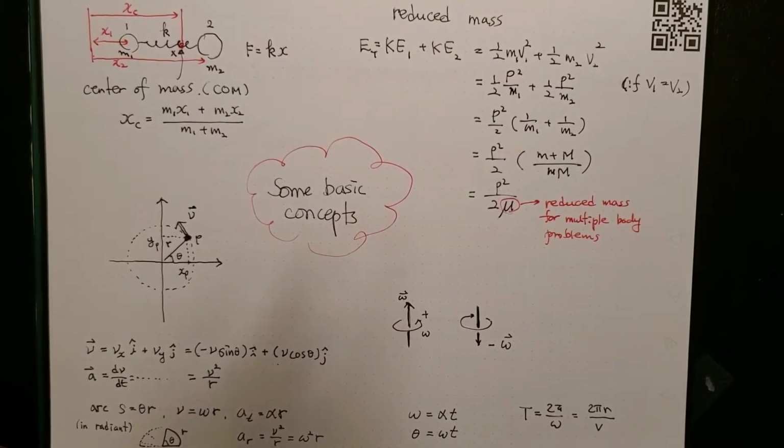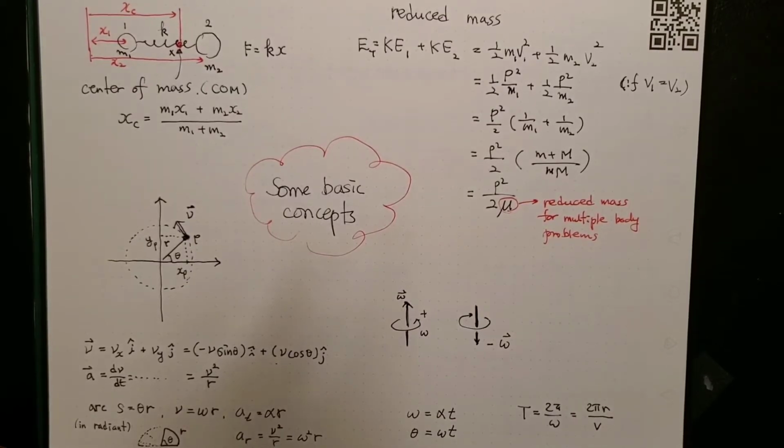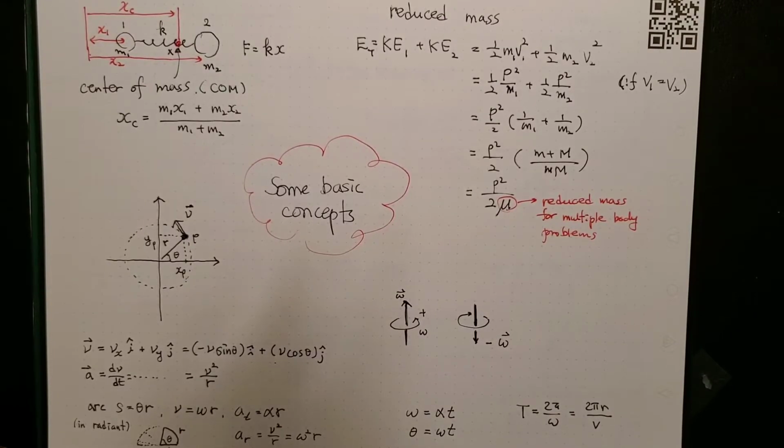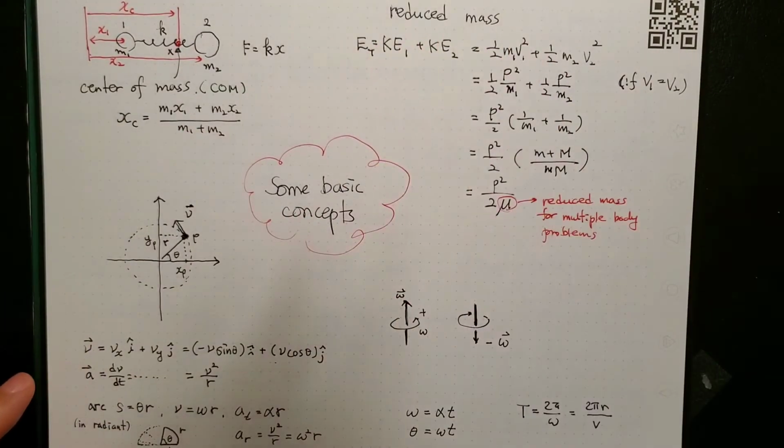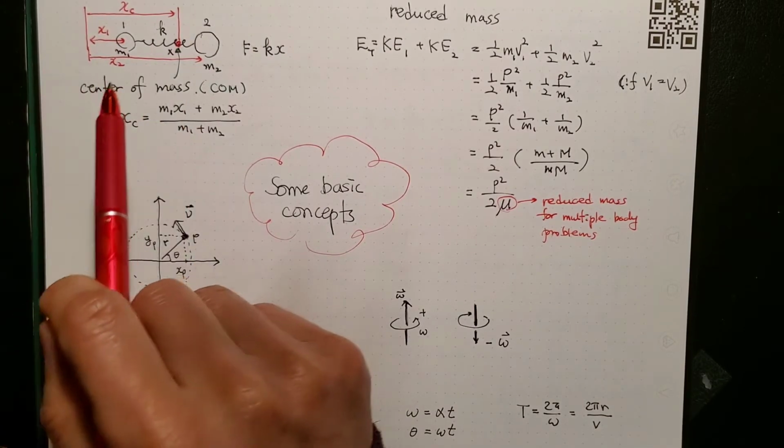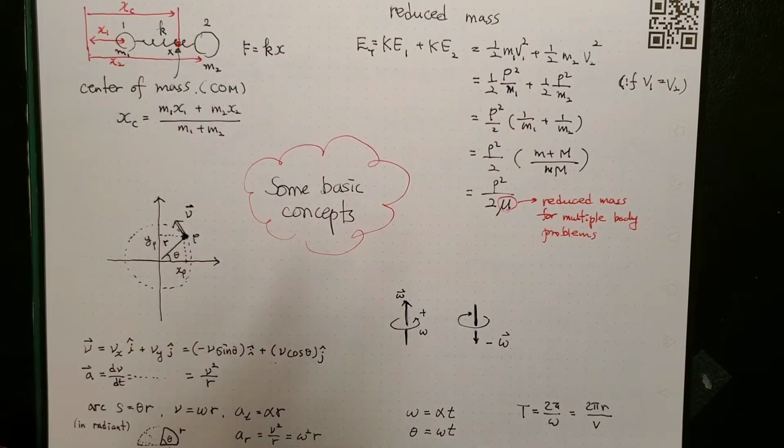When you deal with an object that consists of two or multiple bodies, you sometimes hear center of mass or reduced mass. So the center of mass, I'll explain with a two-body system.